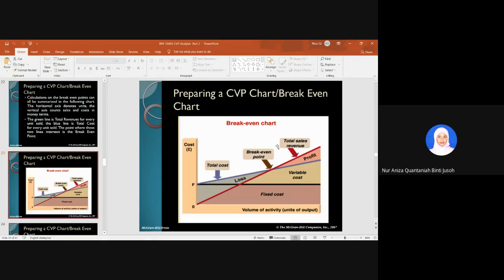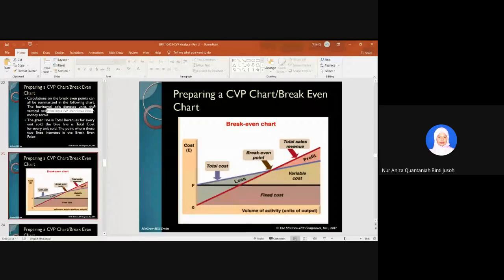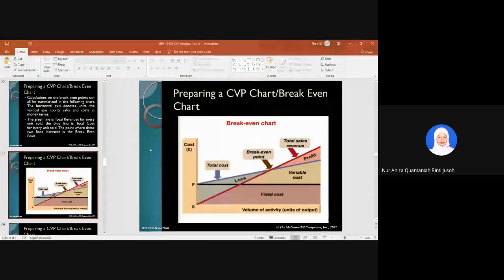So you can prepare the CVP chart based on the information that you have calculated from those examples.